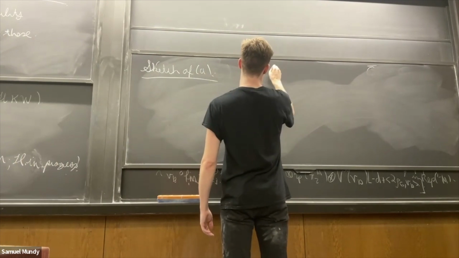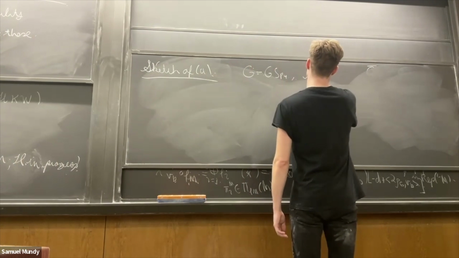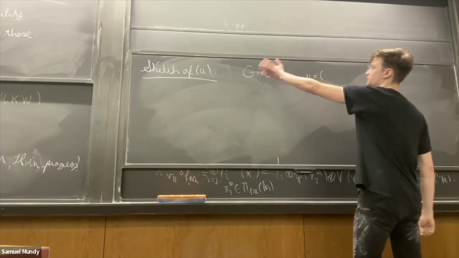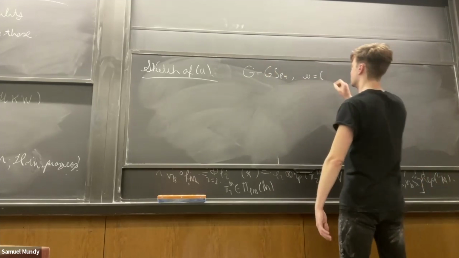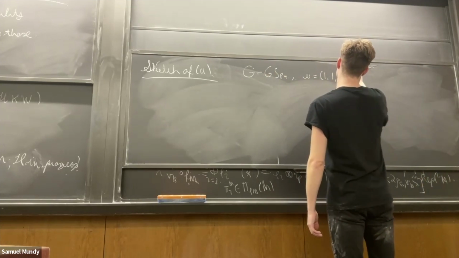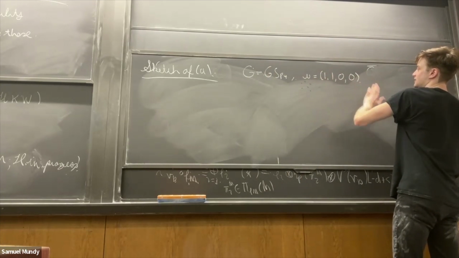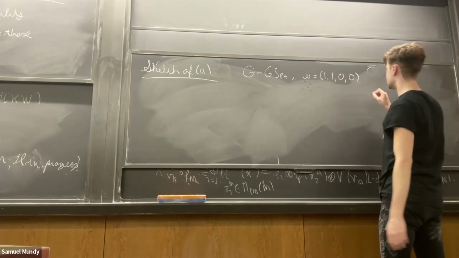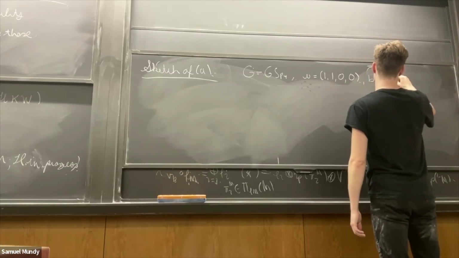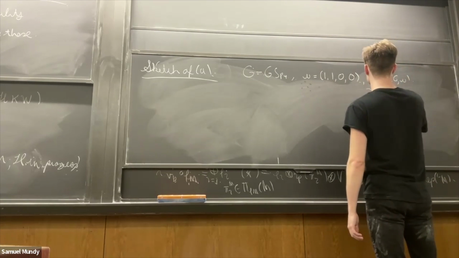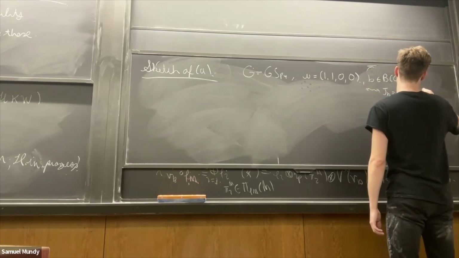G is GSp_4. Again, for simplicity, I'm just going to work over Q_p, but what I do works for more general extensions. I'm going to take my cocharacter mu to be this (1,1,0,0) cocharacter, the Siegel cocharacter. Then b is going to be this basic element, and it's going to define an inner form. That inner form is GU_2(D).